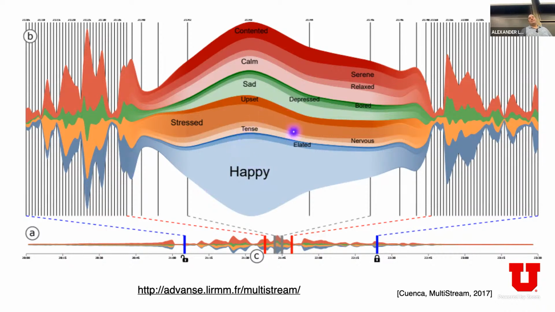But this is not a focus region, right? Here are some examples: people's emotions, how did they feel? Happy, tense, upset, sad, calm, serene, relaxed, and so on. You can see at this moment there were lots of happy feelings, so you can see the details about this moment, and then you could navigate further out.